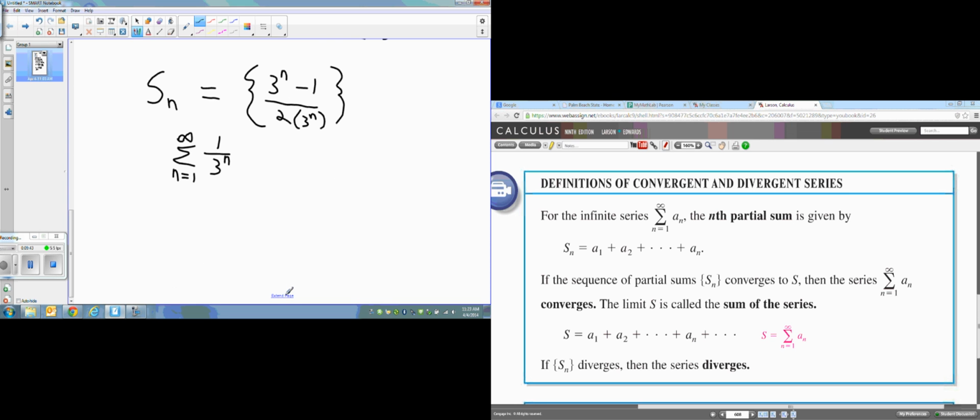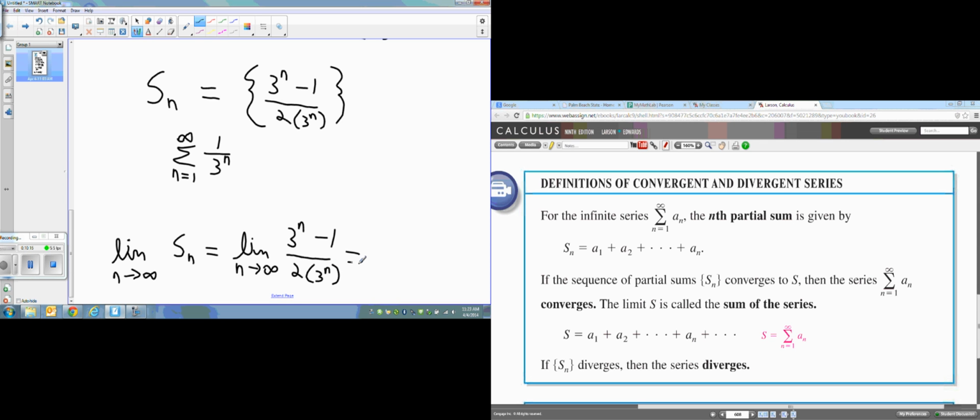So let's go ahead and see if we can find the convergence of this sequence of partial sums. I'm going to take the limit as n approaches infinity of this sequence of partial sums, which in this case is the limit as n approaches infinity of 3 to the n minus 1 over 2 times 3 to the n power.